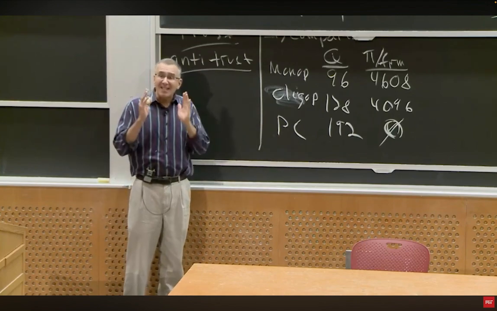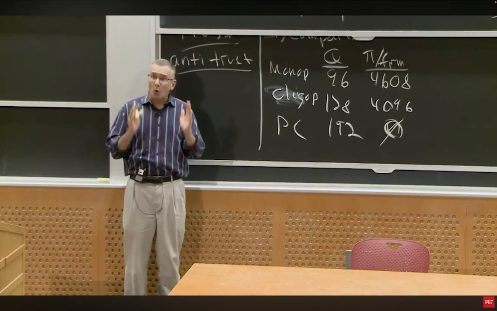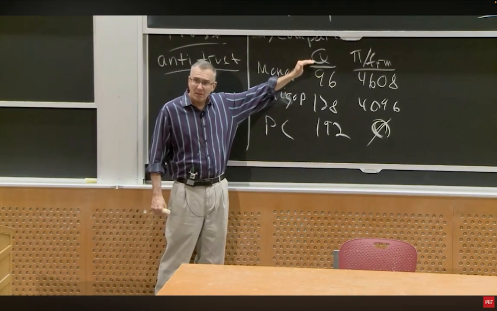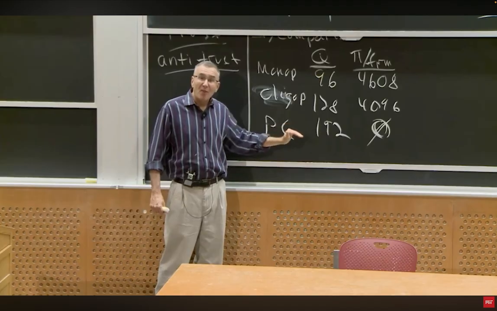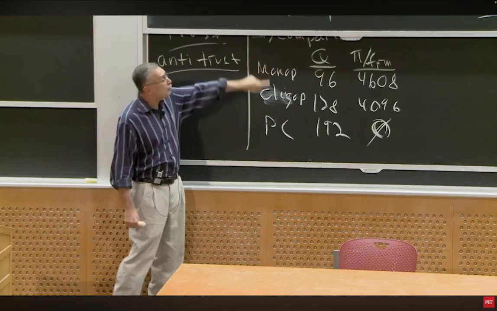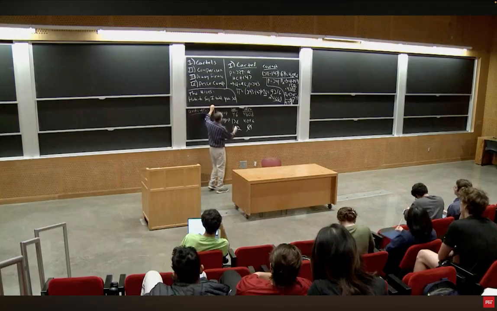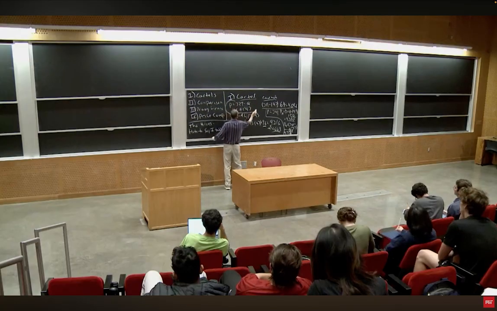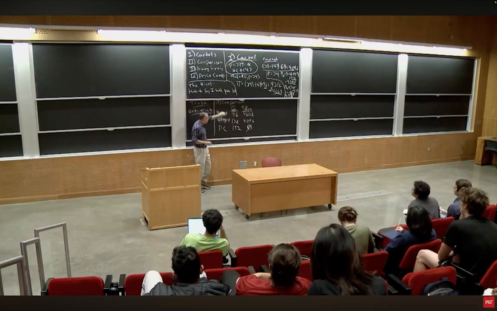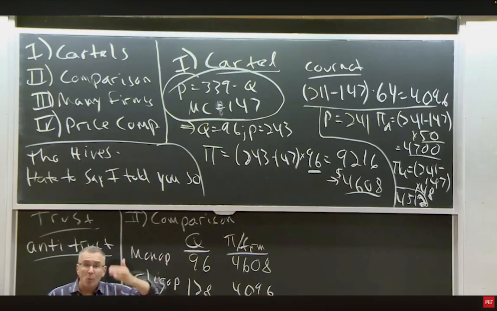The size of the deadweight loss is proportional to the quantity. In other words, the more you shrink the market from the optimal level, the bigger the deadweight loss, the more trades that don't get made. Because look, the structure of the problem, these first two equations, these are the same. The structure of the problem has not changed. So as you shrink quantity, all you're doing is creating more and more deadweight loss.